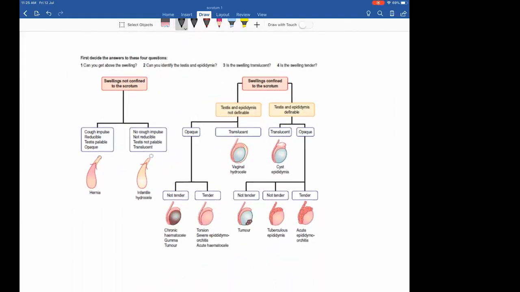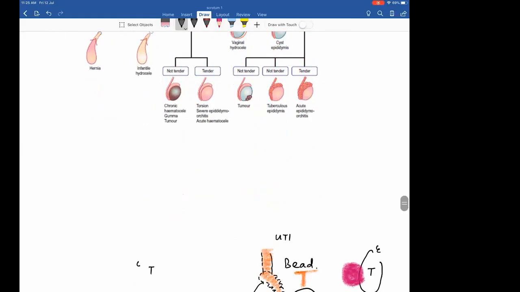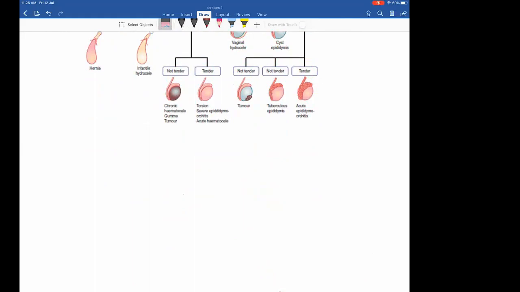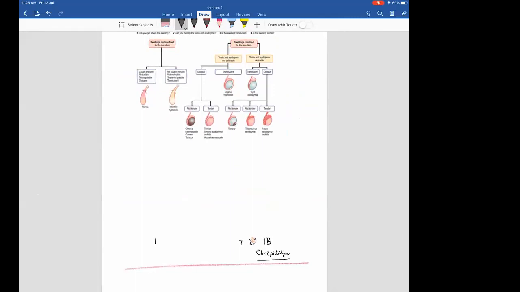Right. Now see this. Step number 1 is, can you get above the swelling? If this distinguishes between a hernia and a hydrocele, then the next step is, if you can get above the swelling, that means the swelling is a scrotal swelling.